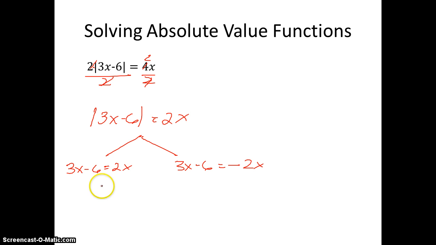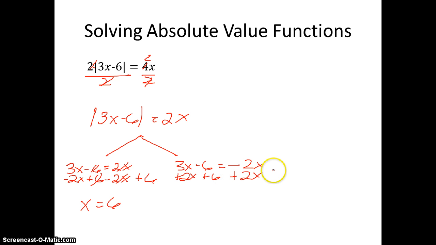And let's go ahead and solve our left-hand side. I like to keep all my variables positive, so I subtract 2x and then add 6 to this side. So these will cancel, these will cancel. So now I have x equals 6. And then on this side, again, I like to keep my variables positive, so I'm going to take the extra step.